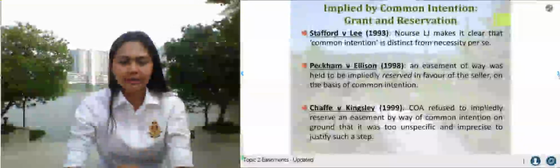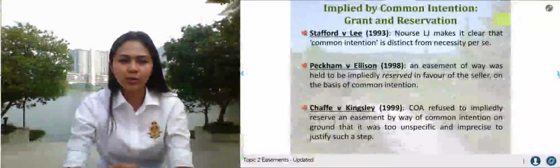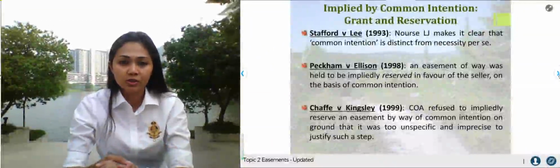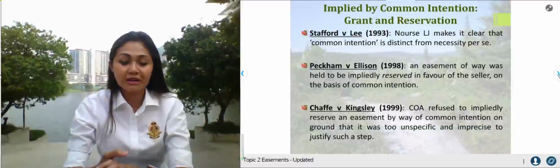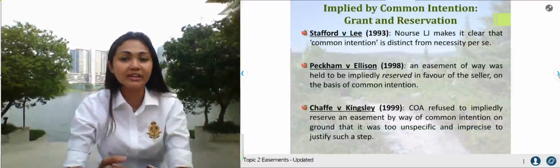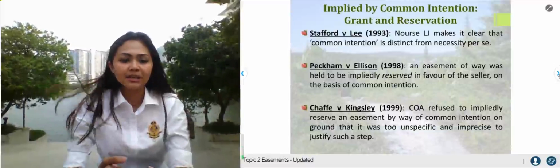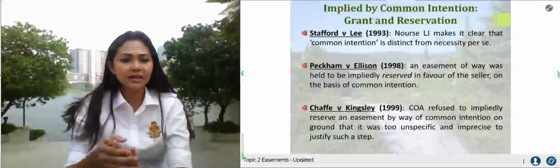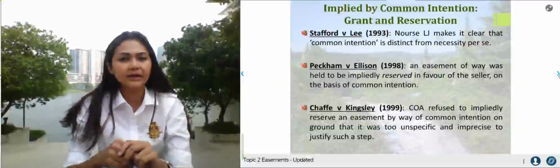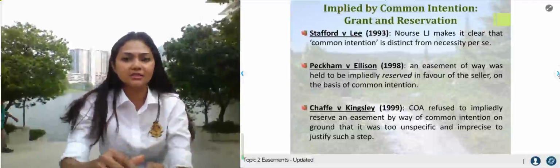So next is when you have an easement implied by way of common intention. Common intention is distinct from necessity because it's not necessary for a person to have an easement. But let's say it's the intention of both parties that they agree to it, it's just that they didn't write it in a deed form, the court said an easement can exist.